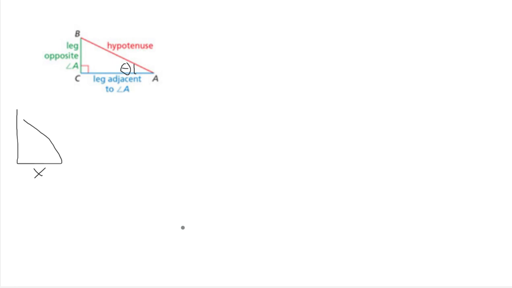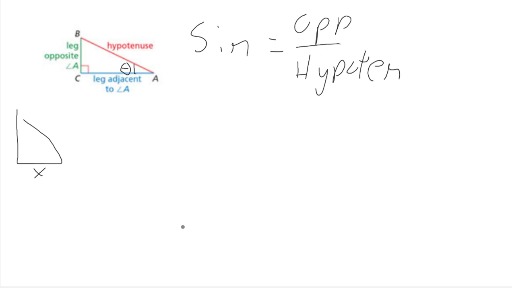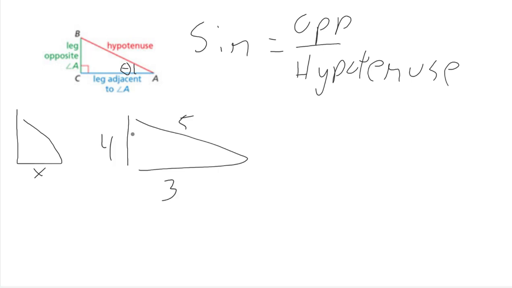When talking about using sine, I'm talking about using opposite over hypotenuse. What that means is, let's say that there is a triangle and it is a 3, 4, 5 triangle, and I'm comparing theta.